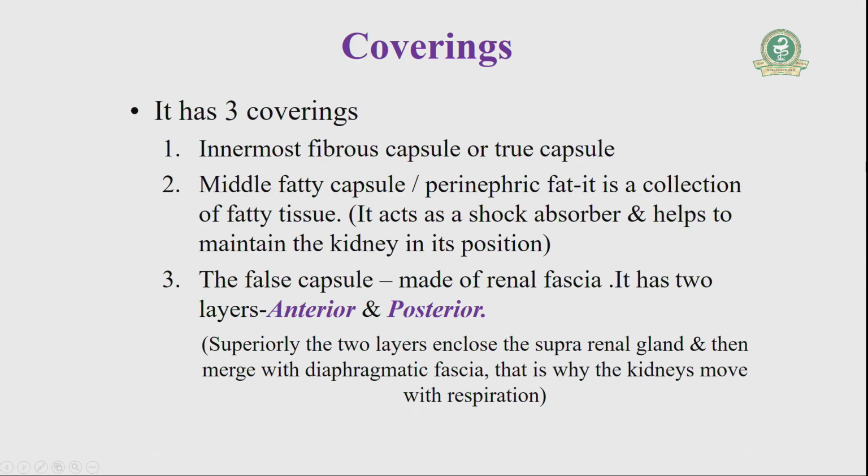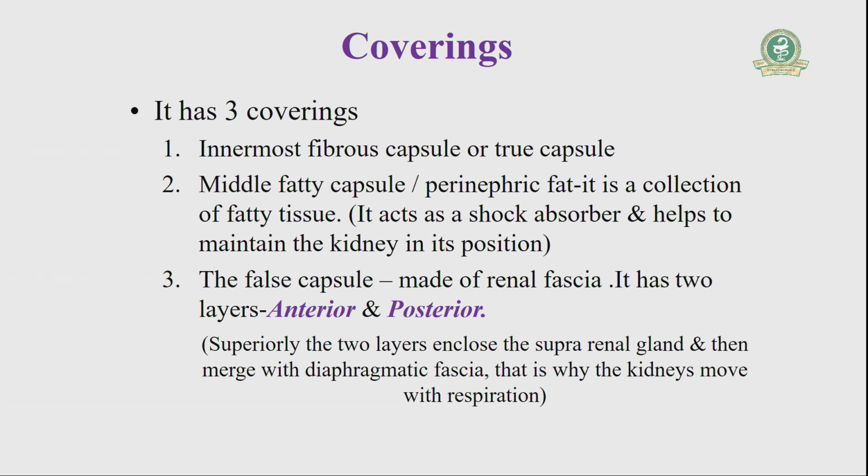Coverings. It has 3 coverings: the innermost fibrous capsule or true capsule, the middle fatty capsule, the perinephric fat. It is a collection of fatty tissue. It acts as a shock absorber and helps to maintain the kidney in its position.